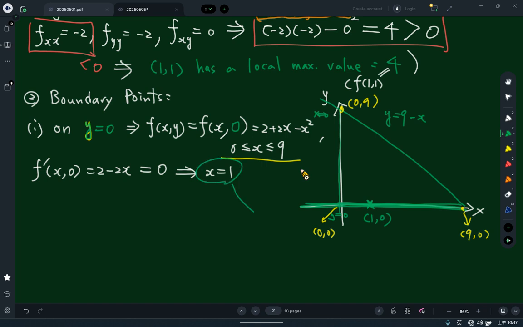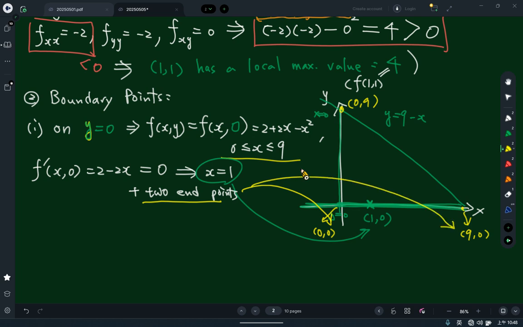So this will provide this point, plus 2 endpoints. This will focus on this one and also this one, right? So we will just consider 3 points.